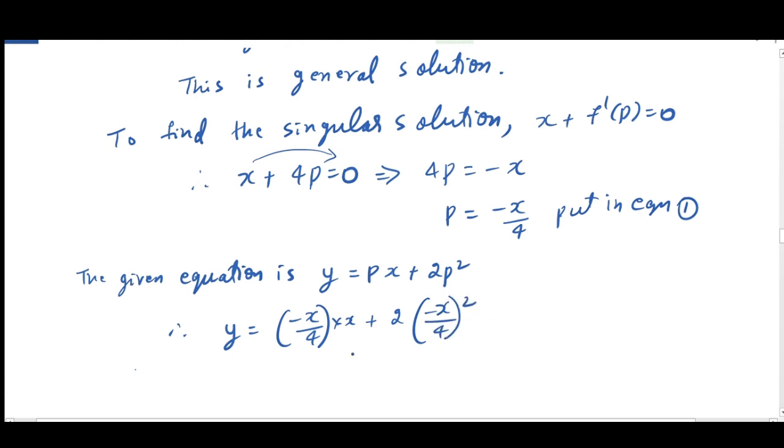Let me simplify this. So here we get y is equal to minus x into x, which will become x square upon 4, plus 2 times the square of this, which will become x square upon 16.